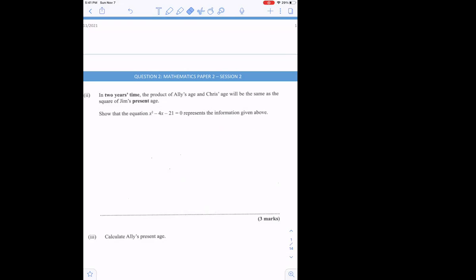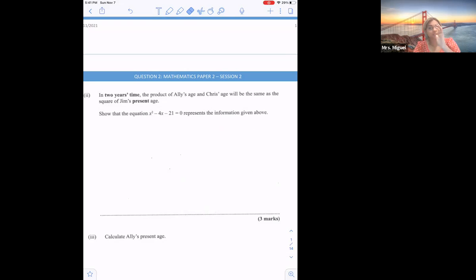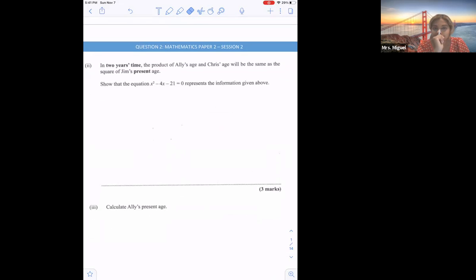So this is 3 marks, right? Which means we had to earn these 3 marks. In 2 years, the product of Ali's age and Chris's age will be the same as the square of Jim's age. So let me see how I could write this.